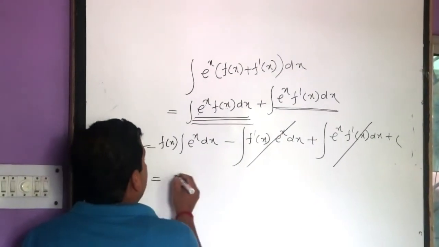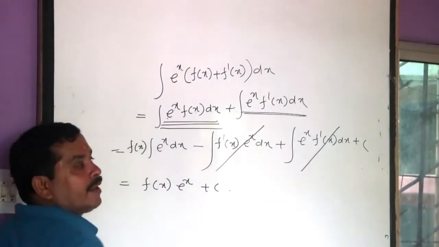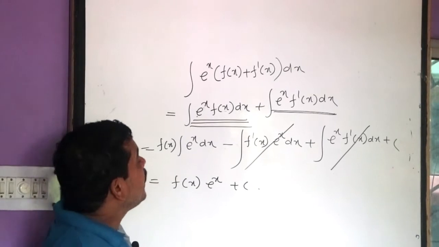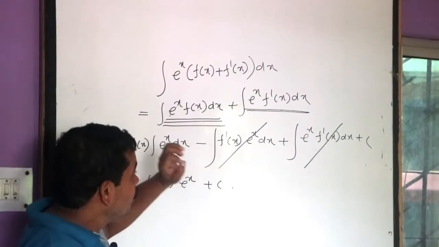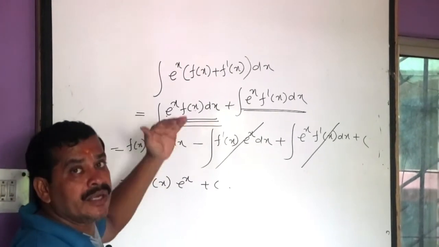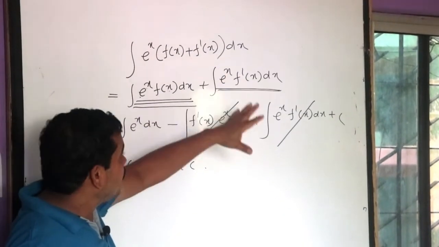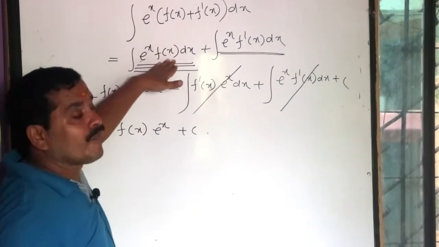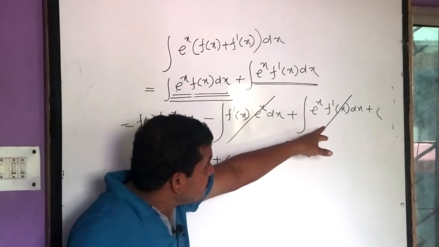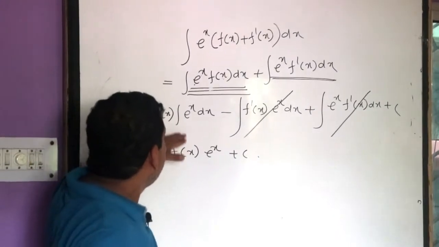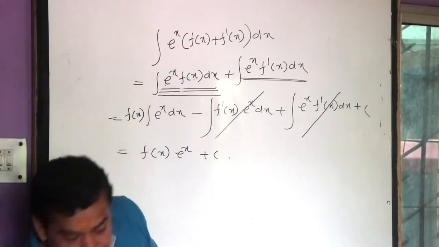So we have fx into e to the power x plus c. It is not necessary that both integrations be performed by integration by parts. We have to first detect which one is the function and which one is its derivative. So taking the derivative part as fixed and integrating the function part, the function and its derivative will cancel with this integration. Then we have only the result fx into e to the power x plus c.